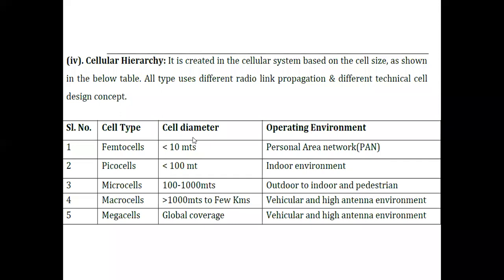The last one is mega cells, used for global coverage, also for the vehicular and high antenna environment. So these were the different types of cellular hierarchy based on cell size, and the operating environment for each type of cell.